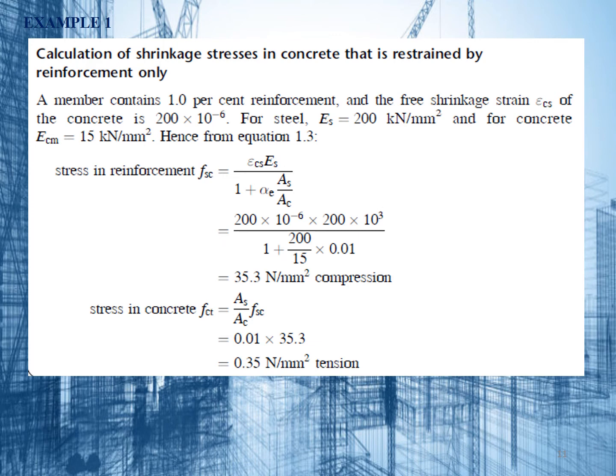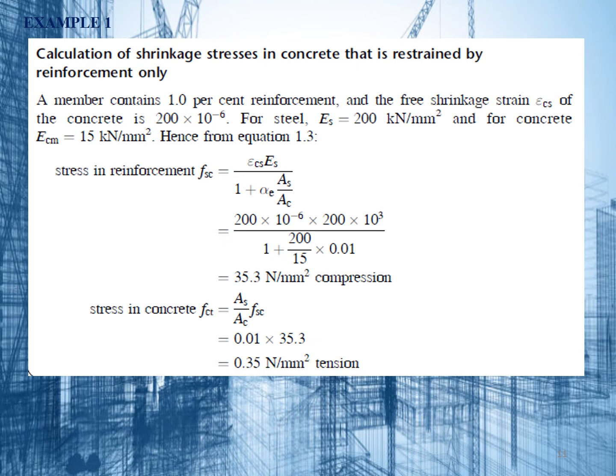Here they have given epsilon CS, converting strain into stress, as 10 power minus 6, the shrinkage strain of the concrete. They have given the modulus of elasticity of concrete as 215 kilonewton per millimeter square. We calculate the steel stress. After that, we can calculate the concrete stress.